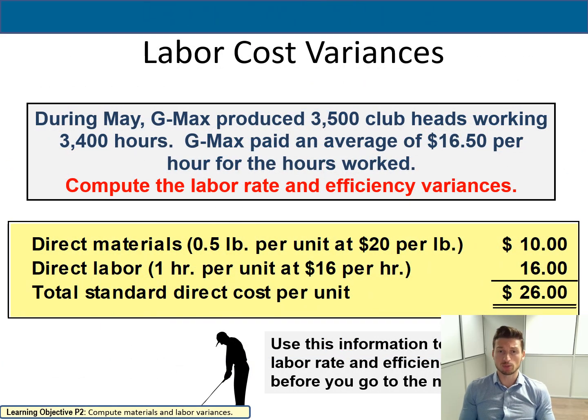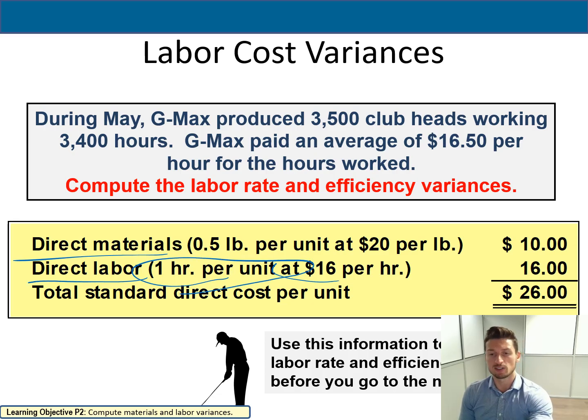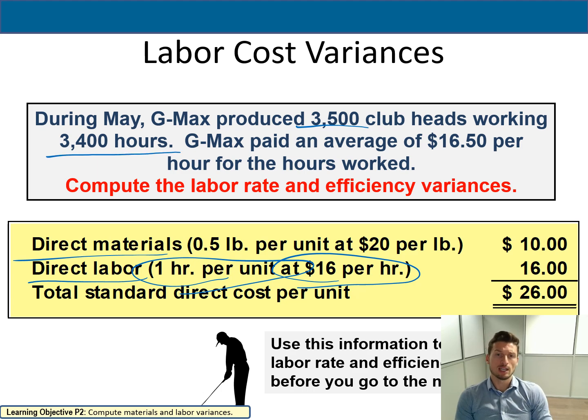We have exactly the same example, but here we're going to calculate direct labor variances. So we have direct materials, as you know, and we have direct labor. I remind you, we use 1 hour per unit at 16 per hour, and we are given additional information. During May, GMAX produced 3,500 club hats, working 3,400 hours, and GMAX paid an average of 16.50 per hour.